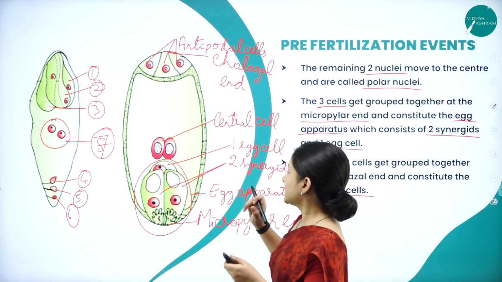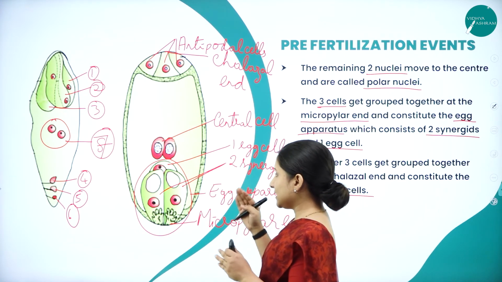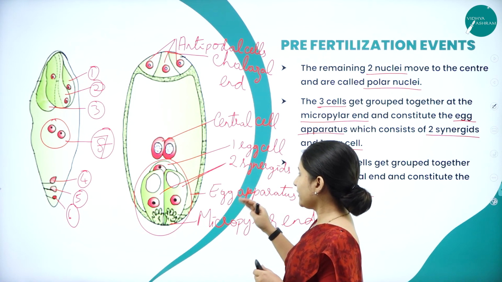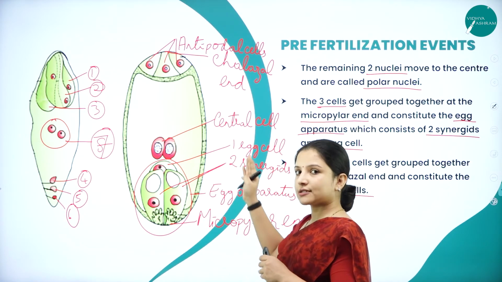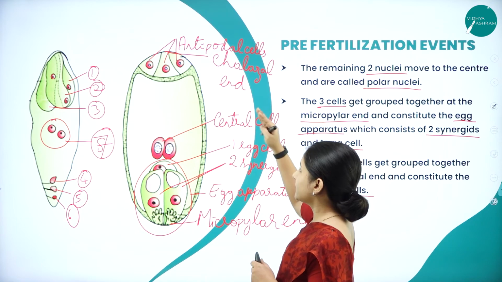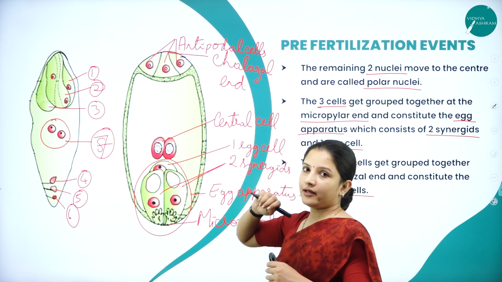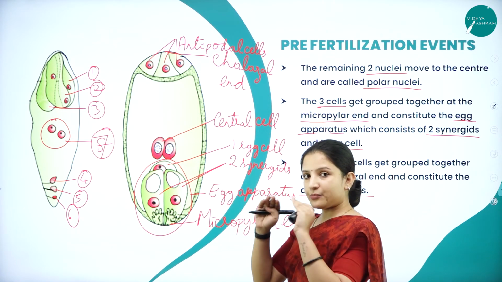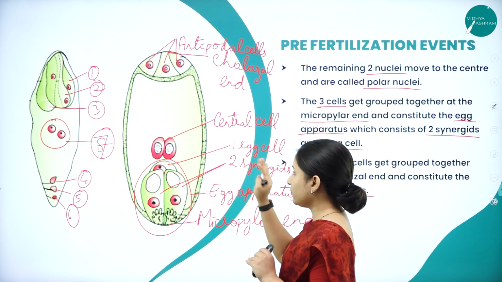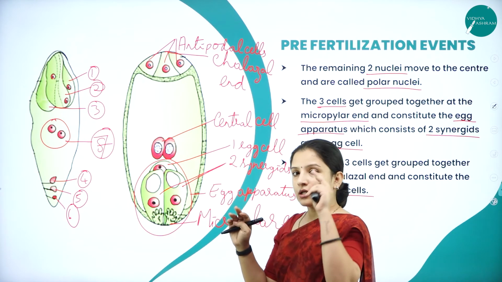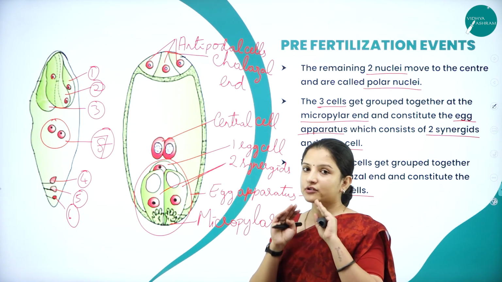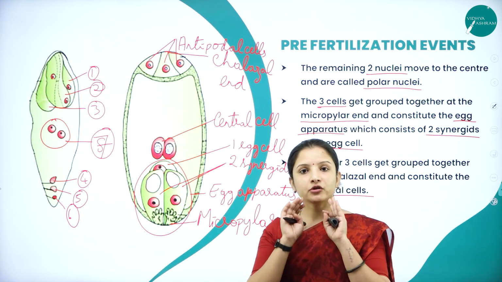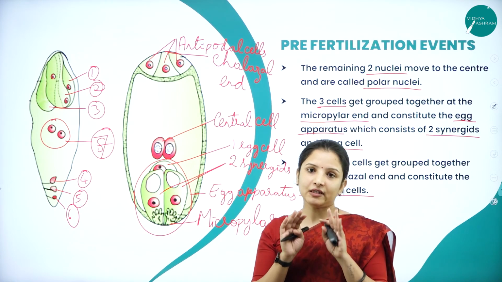Which were the 7 cells? 3 cells at the micropylar end called the egg apparatus, which consists of 2 synergids and 1 egg cell, the other 3 cells at the chalazal end called the antipodal cells, and one more cell at the center. In the central cell, there are 2 nuclei. That is why an embryo sac is 8 nucleate and 7 celled.